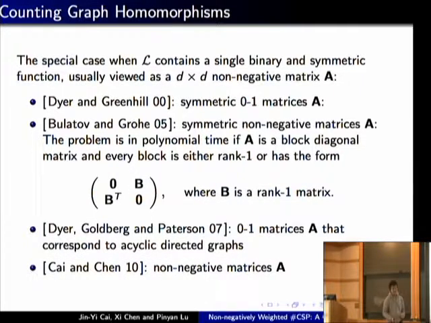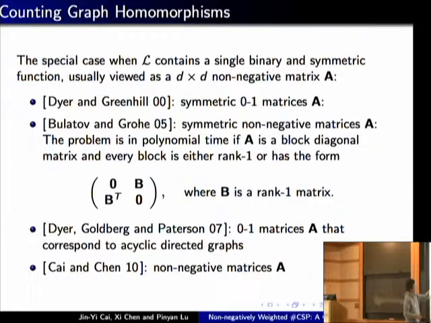The first special case is also called counting graph homomorphisms. This is really a special case because you only have one single constraint function, which is binary over two variables, non-negative and symmetric. Normally we express this function as a d by d matrix, where d is the domain size.